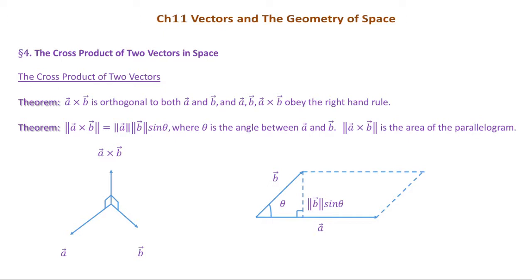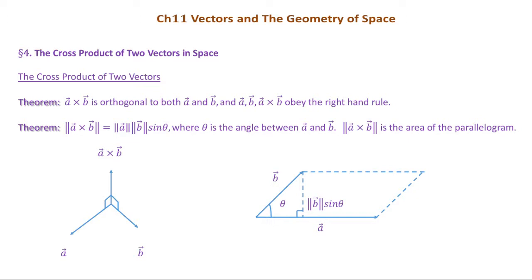But then the other thing is how do you find out the magnitude of A cross B? Okay, it turns out the magnitude of A cross B is just the magnitude of A times the magnitude of B times sine theta, where theta is the angle between A and B. Okay.